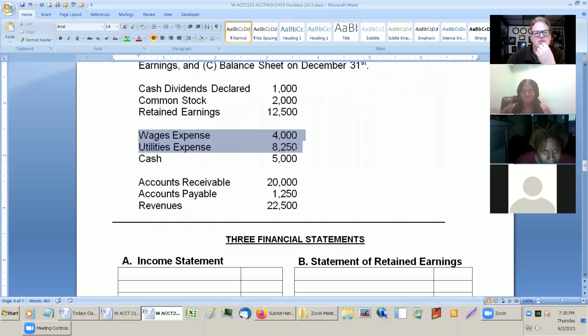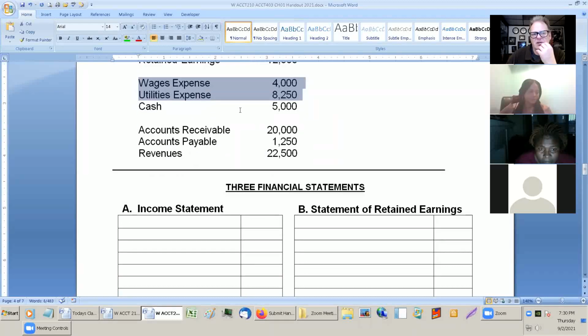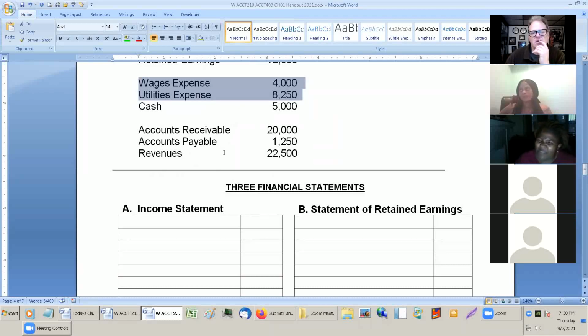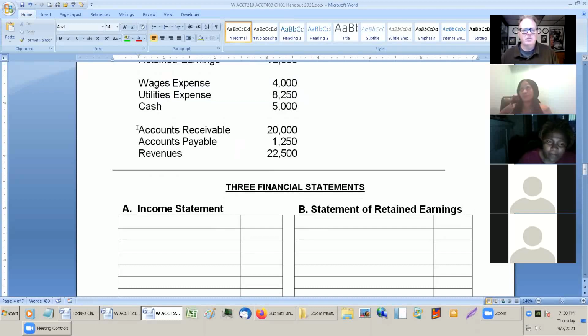Where do these expenses go? Wages, utility expense. What financial statement? Anyone? Yeah, income statement. You're right. Now here's a weird one.